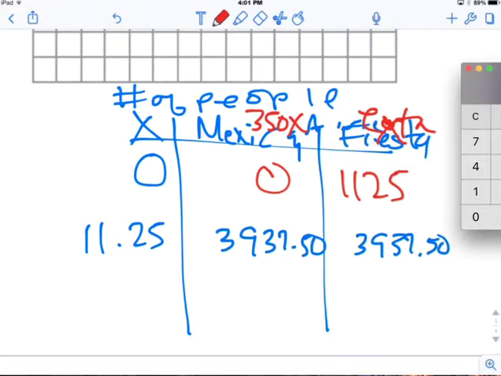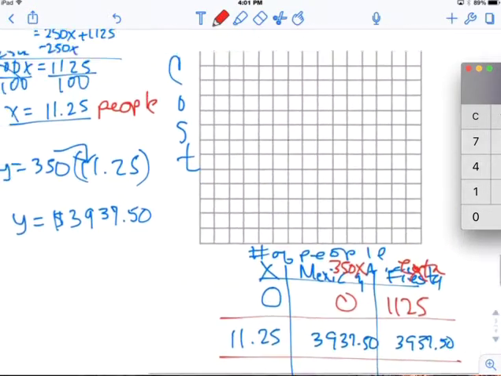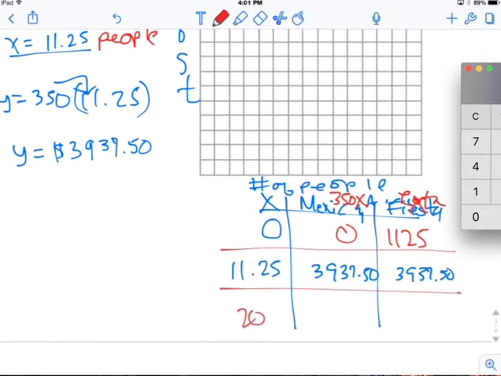Okay. And then let's say 20 people went. Let's say 15, 20.